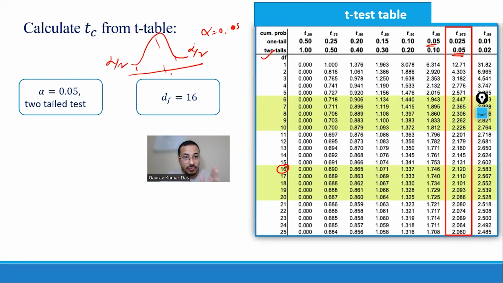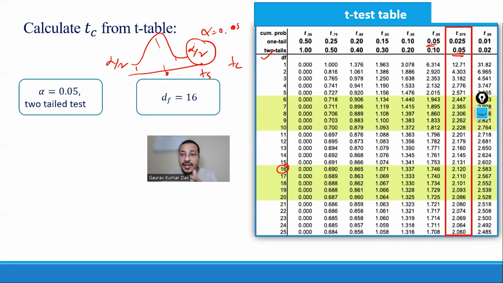So if you want to compare one single value, we do the comparison on either side. This is 0, the midpoint. If I get a positive value of t statistic, then I'll compare with the positive value of t critical. If I get a negative value of t statistic, I'll compare with the negative value of tc, which will be again symmetrically located here. But when you try to find the t critical, it will be with respect to alpha by 2 actually.